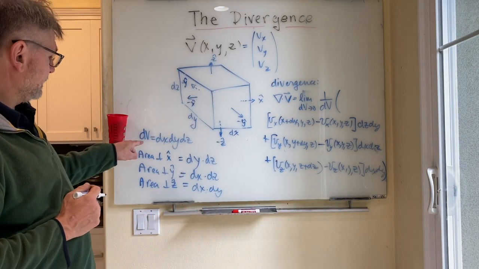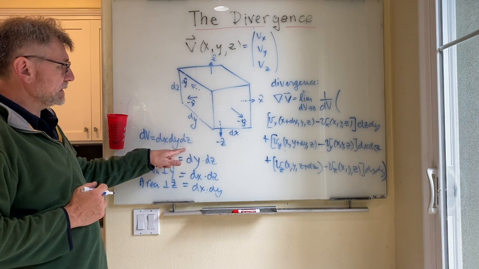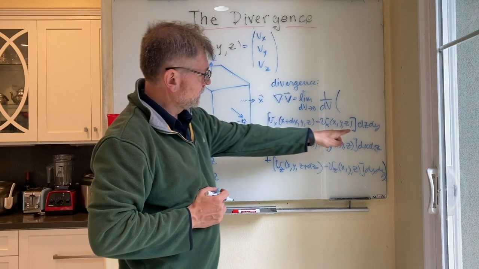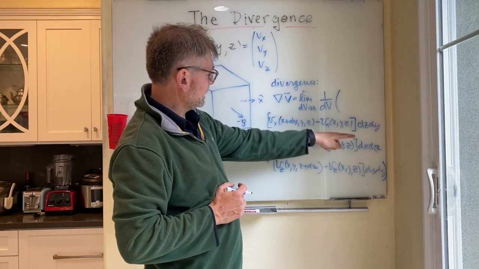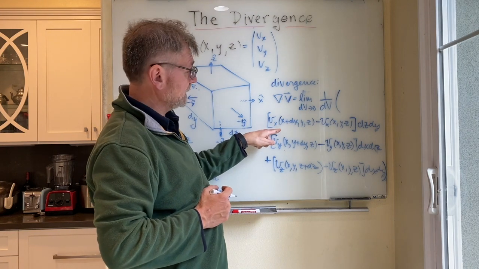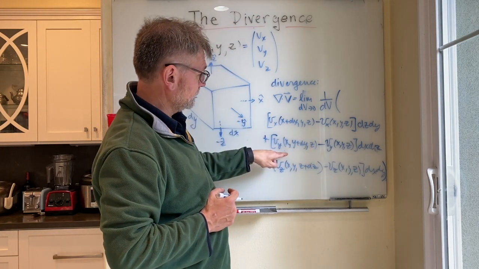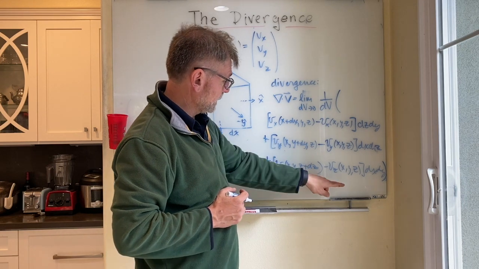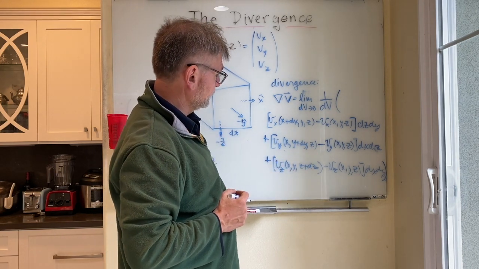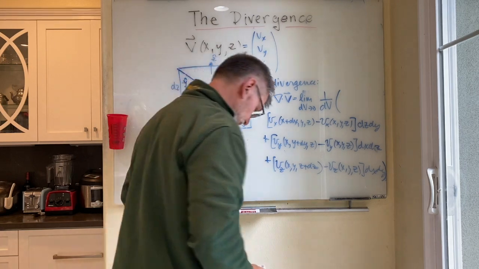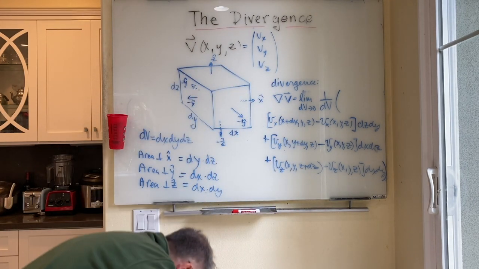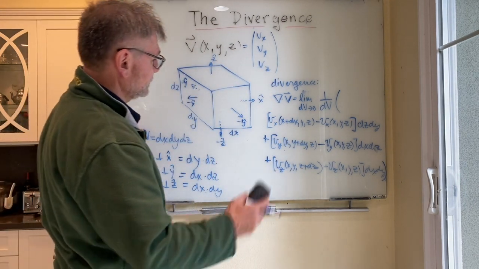And now I use the fact that dV is just dx dy dz, and so when I divide through, the dz dy will cancel, and I'll just be left with the first term divided by dx. Here, the dx dz will cancel, and I'll just be left with this term divided by dy, and here divided by dz. I'm going to use the eraser because I'm running out of board space, but in your notes you could just copy over.